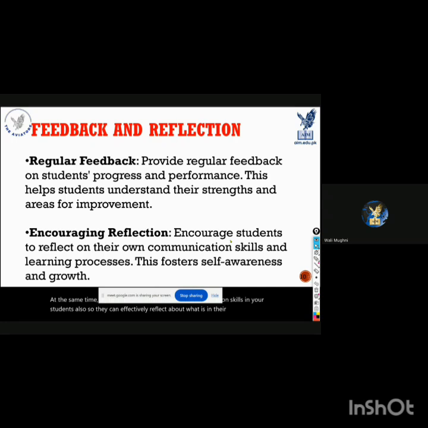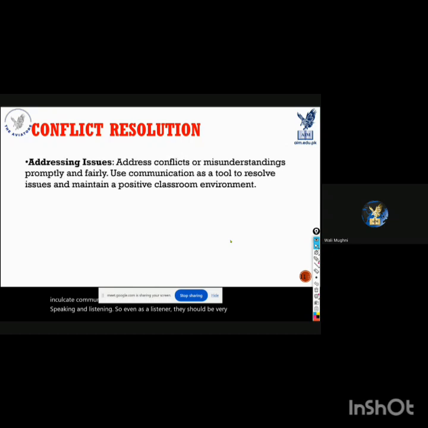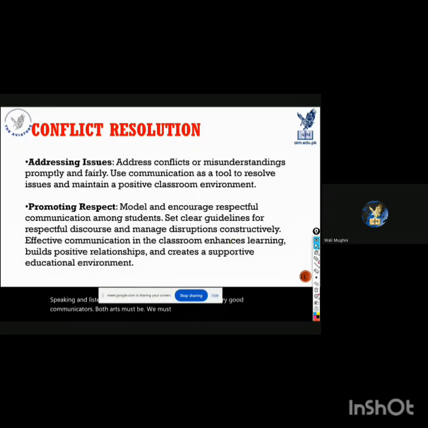They can share their apprehensions, their confusions, their challenges very clearly. So inculcate communication skills, which include speaking and listening. Even as listeners, they should be very good communicators. Both parts must be there. So we must try to inculcate quality communication skills into the students also.